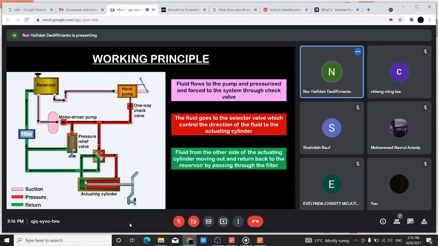So this is generally how it functions. The actuating cylinder will be connected to the component of the aircraft that we want to move, for example, the flaps. I think everyone can understand because it's very simple.